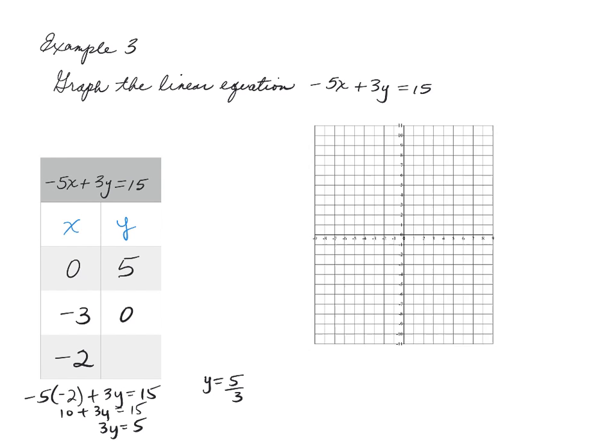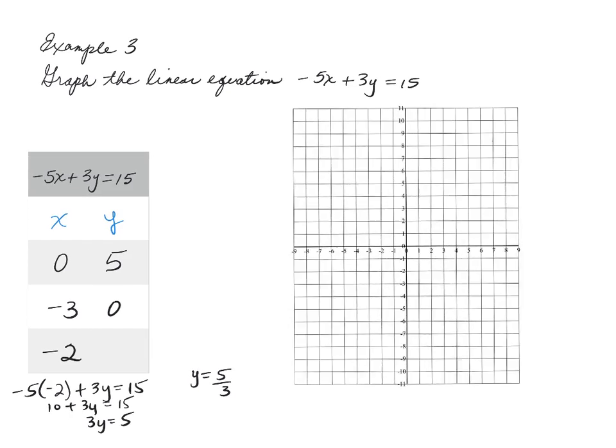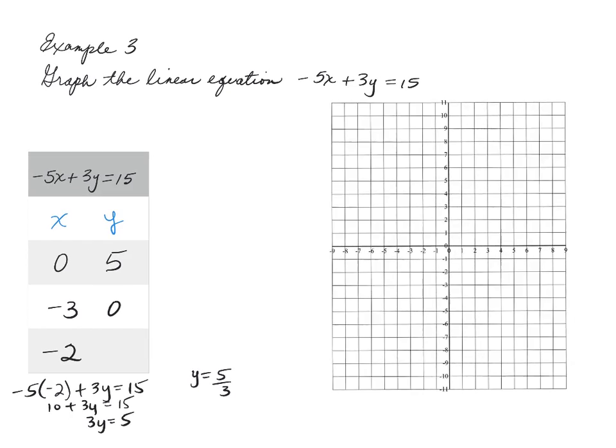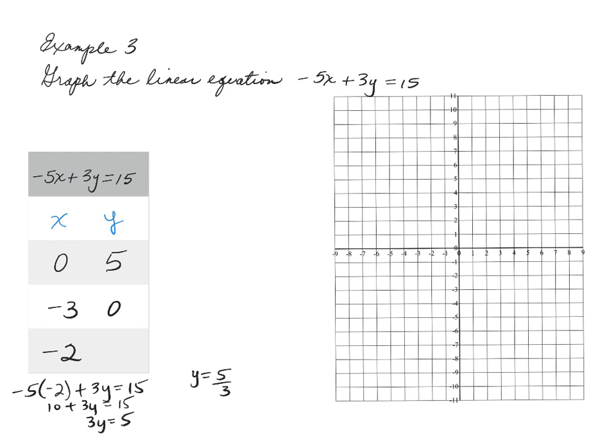Cool. Well, we have 5/3 here. Okay, so let's plot these points. 0 and 5 goes here. Negative 3 and 0 goes here.